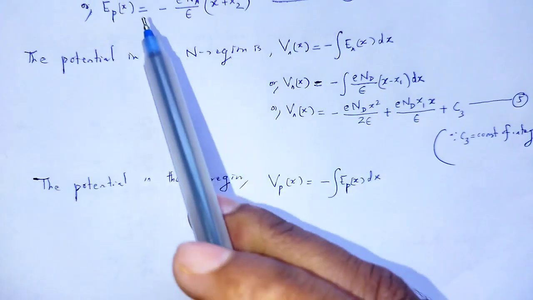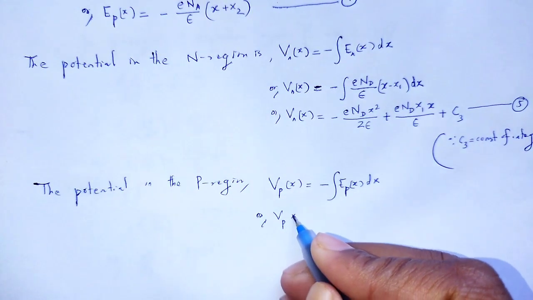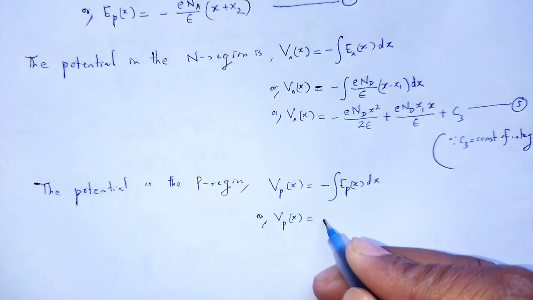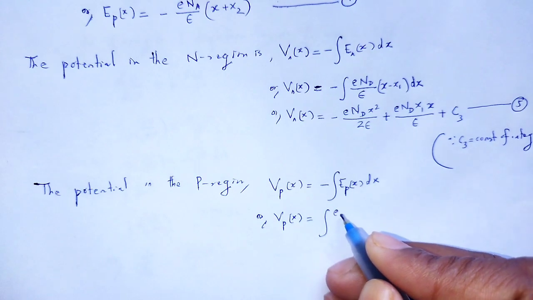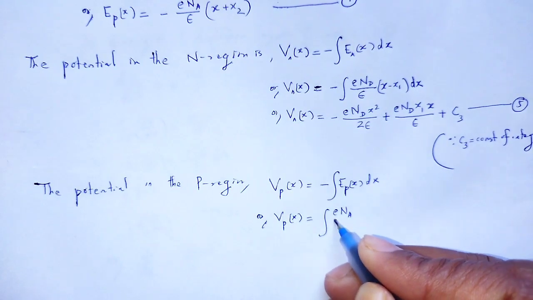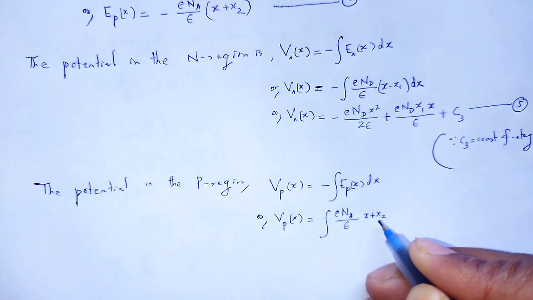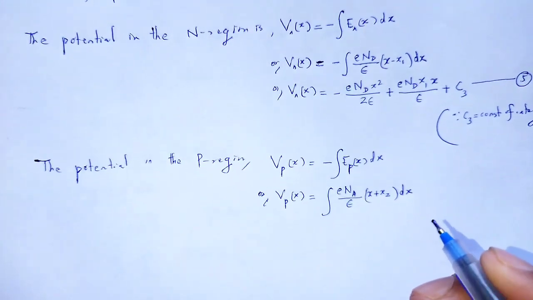The value of E p of x is put. Therefore, V p of x is equal to minus minus plus integration over value of E p of x as q N a divided by epsilon, x plus x2, dx.